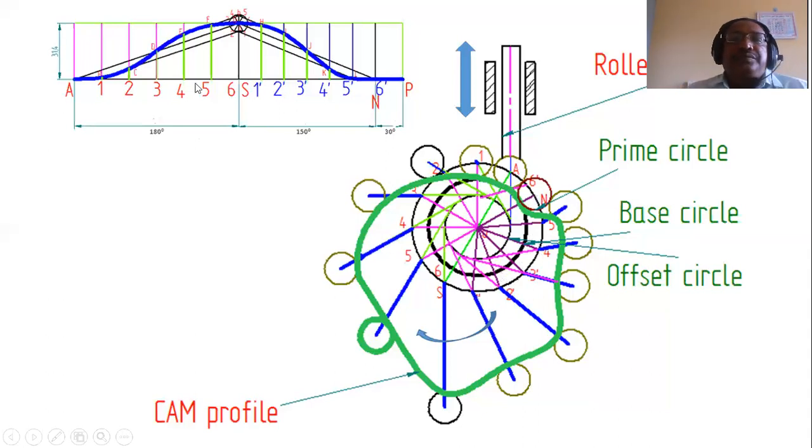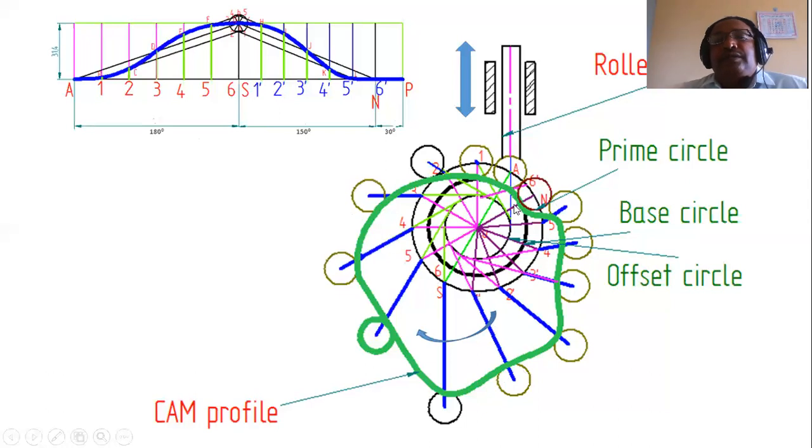Then after this, measure the displacement of 1 dash to H, 2 dash to I, 3 dash to J, like that, and mark it on the corresponding tangent lines. After you follow the same procedure that I explained earlier, you'll get the points like this.